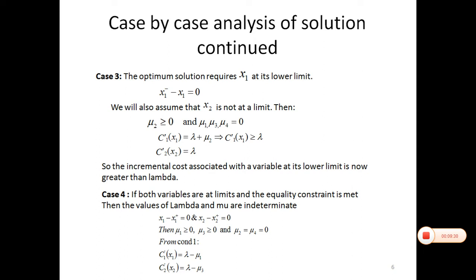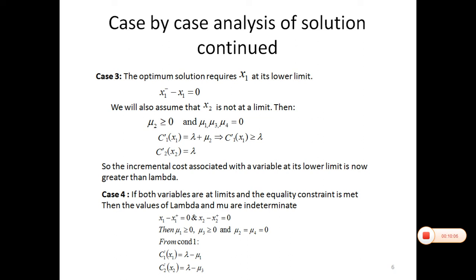So this gives us an incremental cost function greater than or equal to lambda. And the second cost function, related to independent variable x2, c2 prime x2, equals lambda. So the incremental cost associated with a variable at its lower limit will now be greater than lambda, and the other, which is not at its upper or lower limit, will always be equal to lambda.